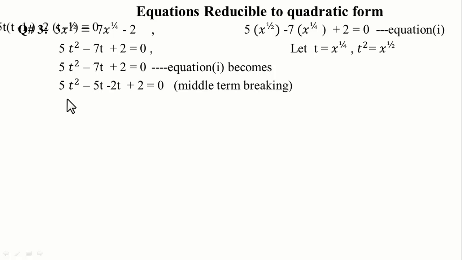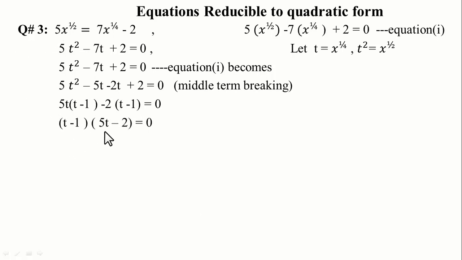Taking common in the first two terms, 5t is common, so 5t into t minus 1, and minus 2 is common from the next two terms, so minus 2 into t minus 1 is equal to 0. So we write t minus 1 into 5t minus 2 is equal to 0.